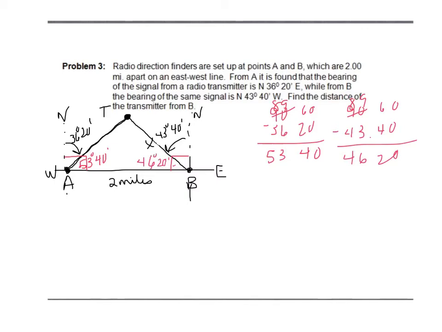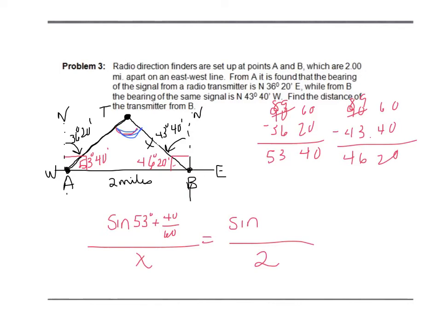Okay, and so now I just use the law of sines to set it up to find x. So I would have the sine of 53 degrees and 40 minutes over x is equal to the sine of something over 2 miles. So I need to know what this angle is. This one right here.